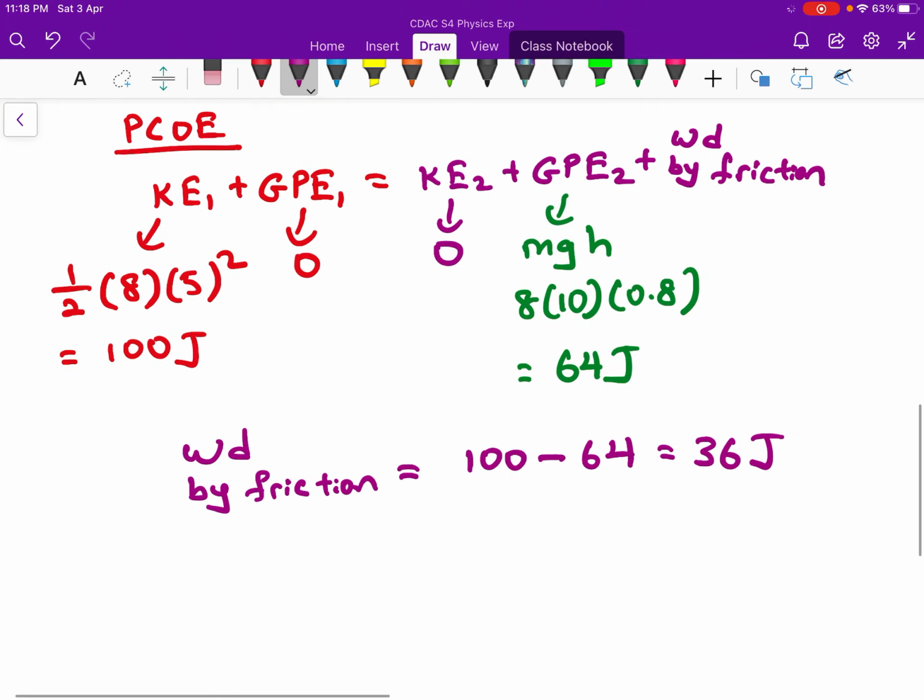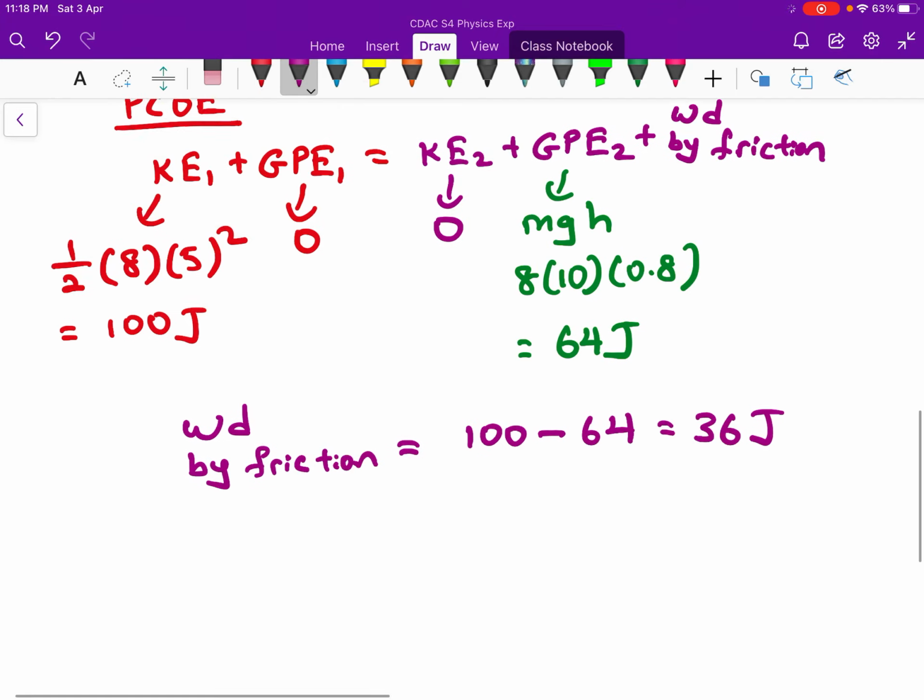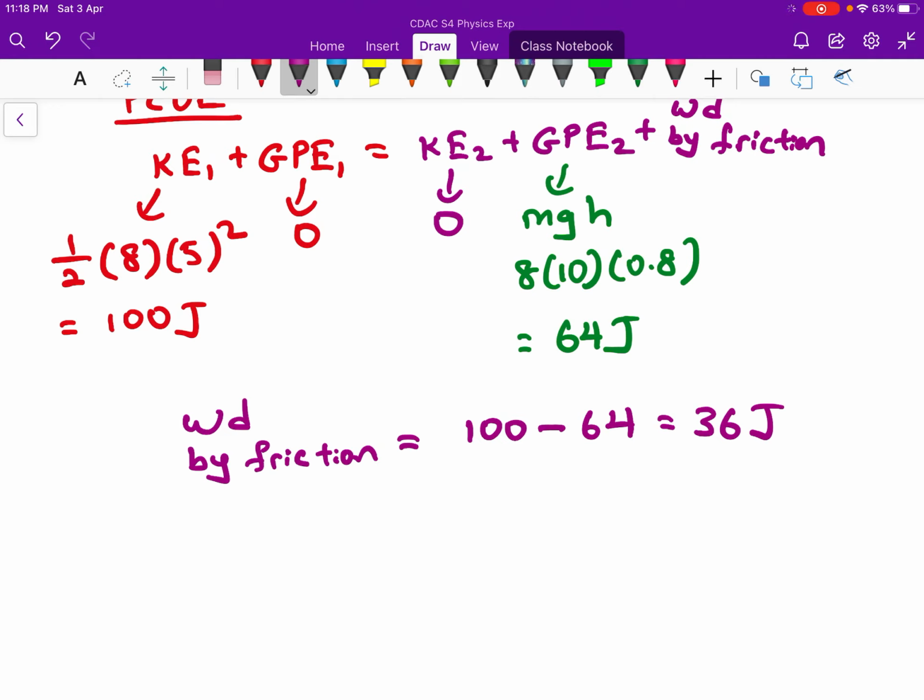So work done by friction, remember what is work done? The definition is force times distance, or force times displacement, depending on the textbook definition. So work done by friction is the force we are interested in, frictional force, times distance.